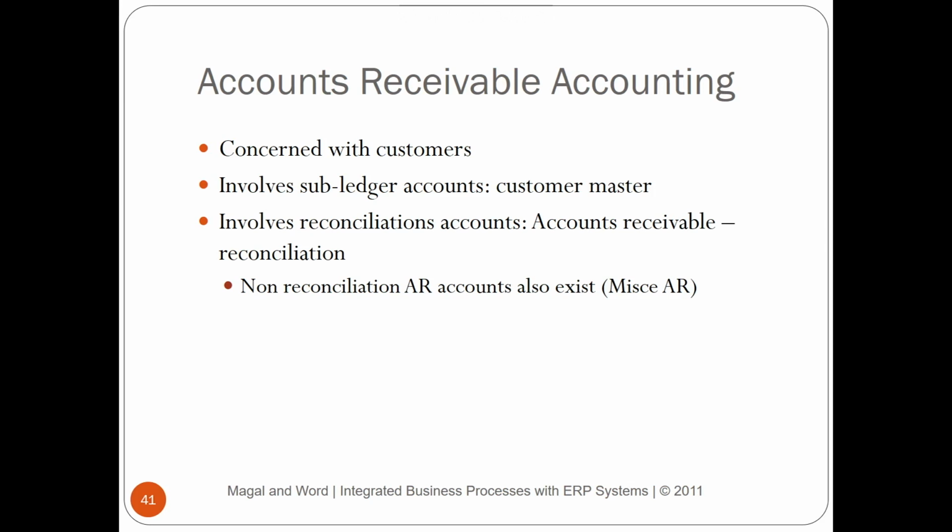With the corresponding general ledger account, the customer subledger account is created when the customer master record is created, and they share the same account number. The association between the customer account and reconciliation account is established in the definition of the customer master record.